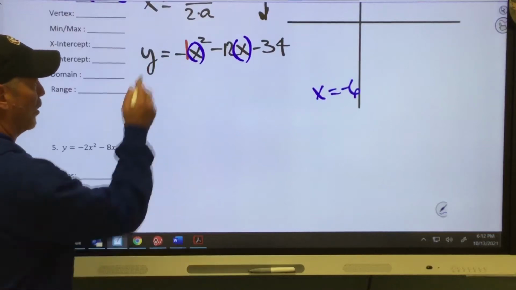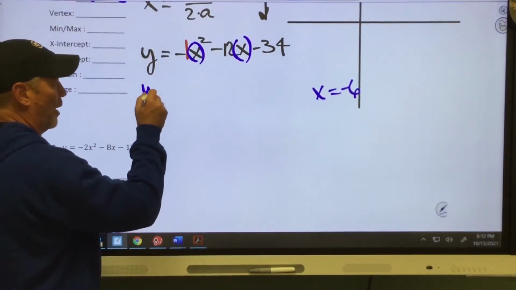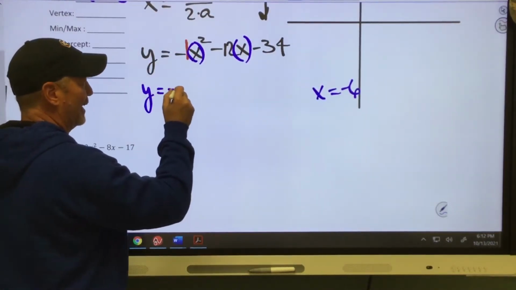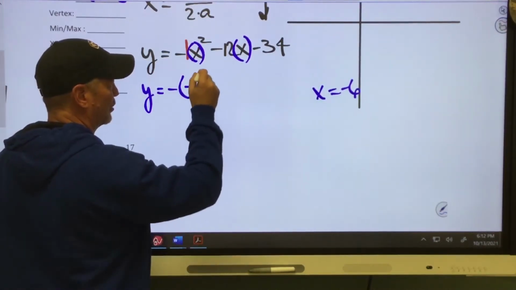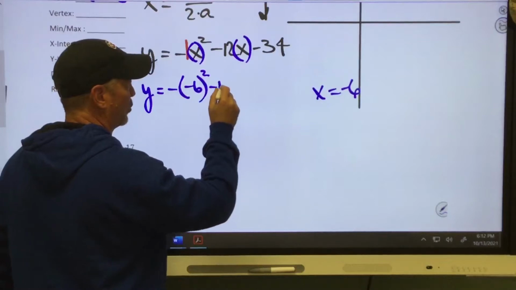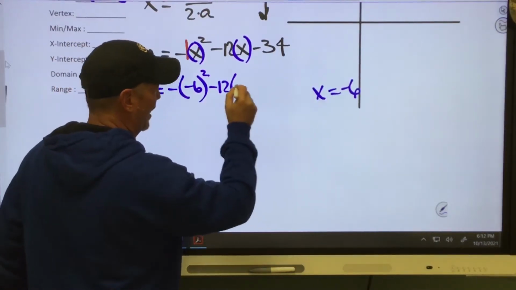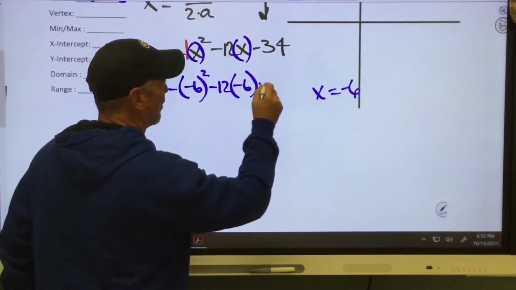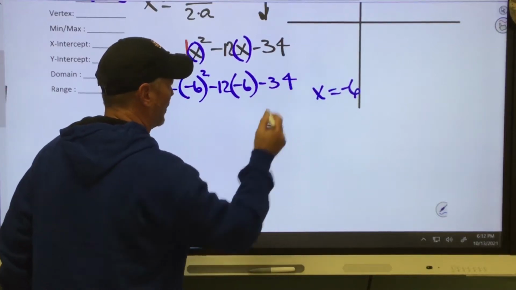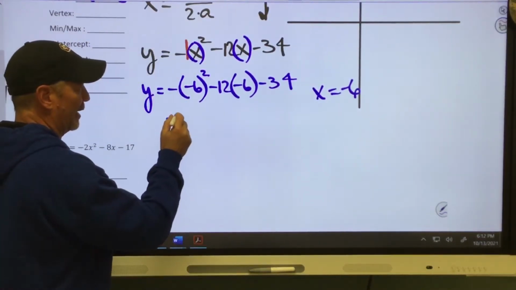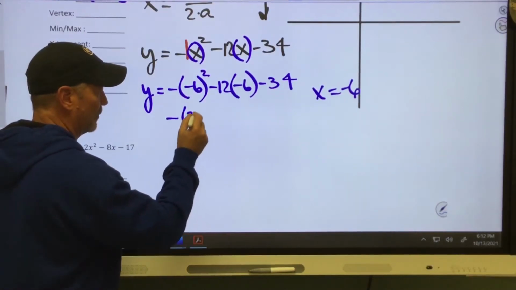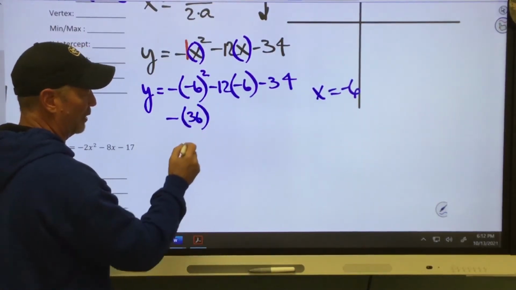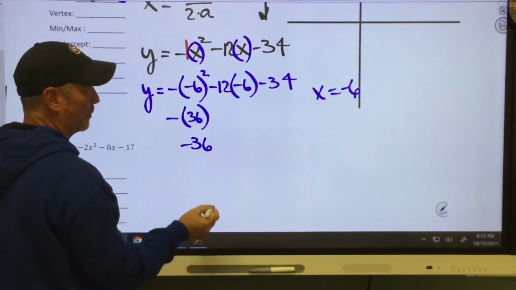There we go. Y equals, because we're looking for y, I want a negative x squared minus 12 times that same x minus 34. I need a negative 6 times -6, which is a positive 36, so that's going to end up being negative 36.